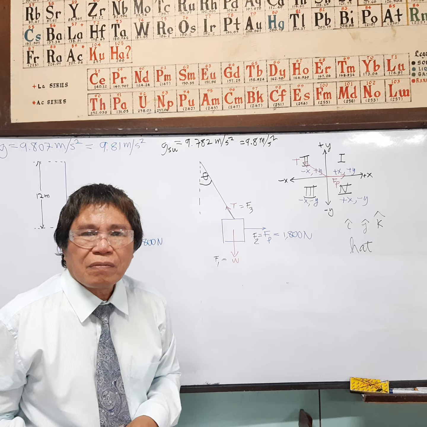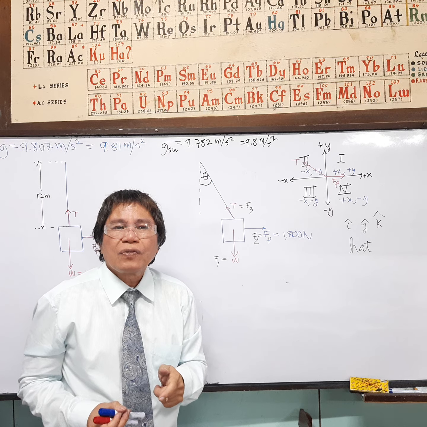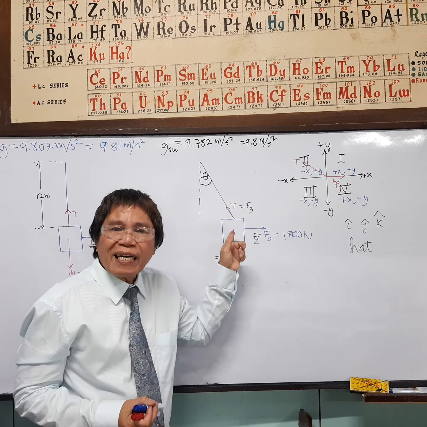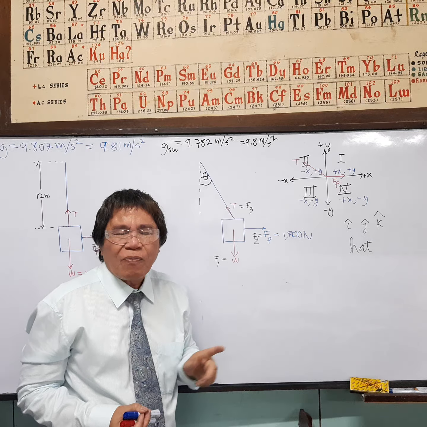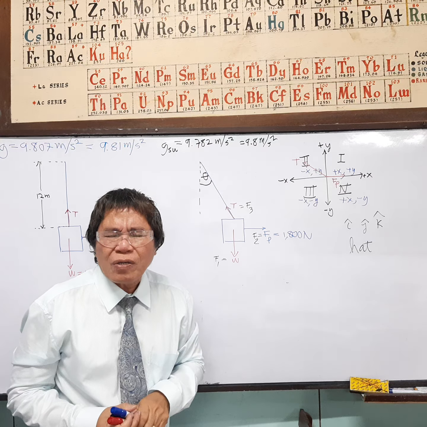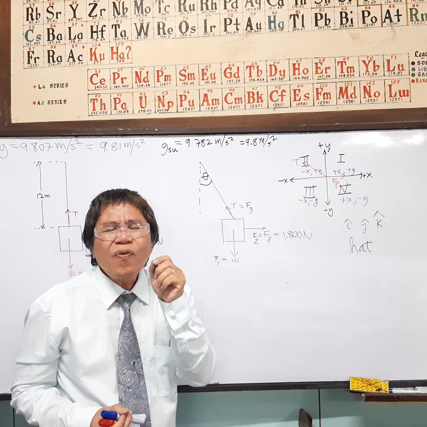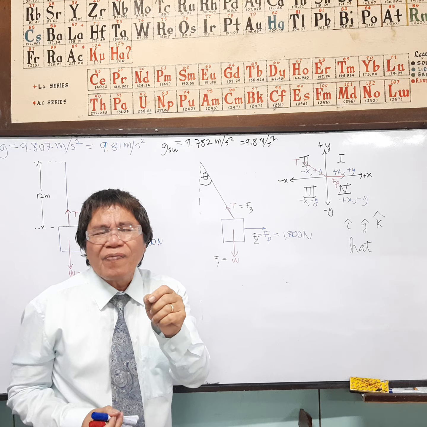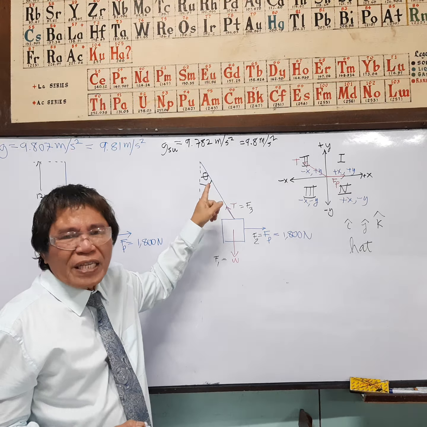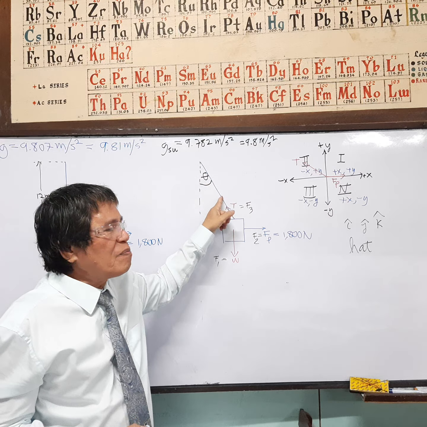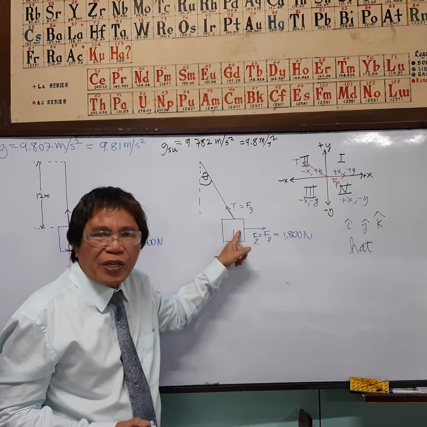Now, we get what we call the equilibrium condition. When the pulling force of 1,800 newtons is applied on the crate, that force can only produce the theta which is required to have equilibrium.